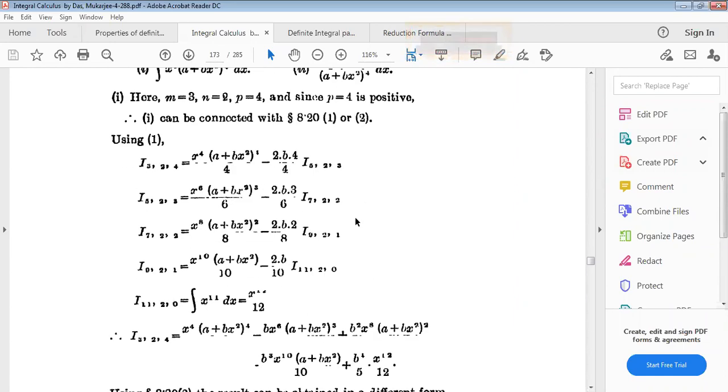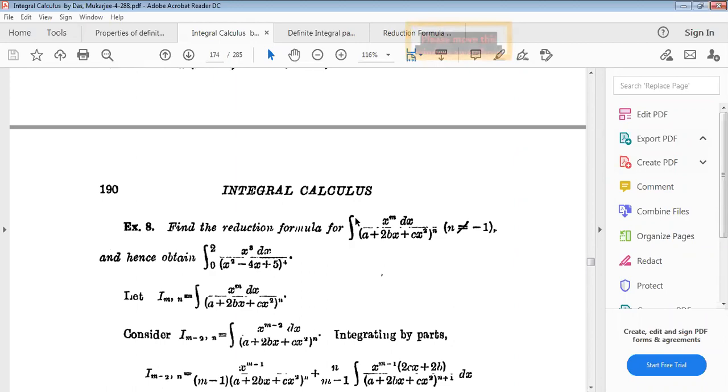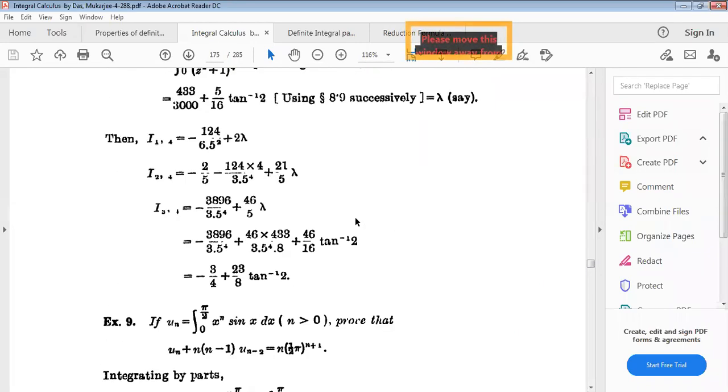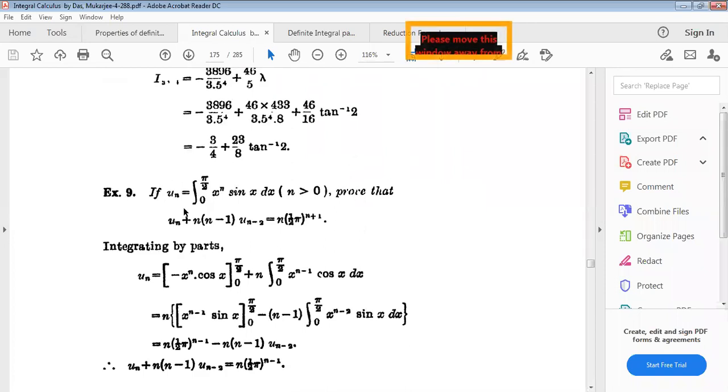Then example 4, then this example 9 is very important.